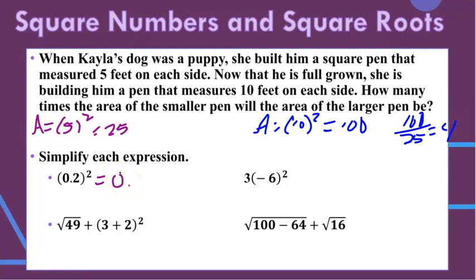So that would be 0.04. Next, we have 3 times negative 6 squared. So negative 6 times negative 6 is 36. So this is going to be 3 times 36, and 3 times 36 is going to give us 108.